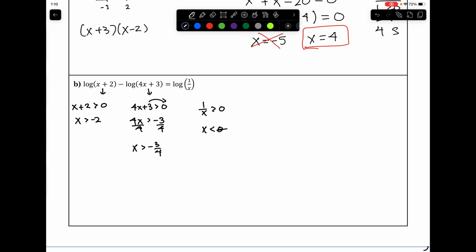That should still be greater than 0, because all I'm doing to get the reciprocal is flipping this, and 0 is going to stay as 0, so x would have to be greater than 0. So our domain is going to just be values like that.